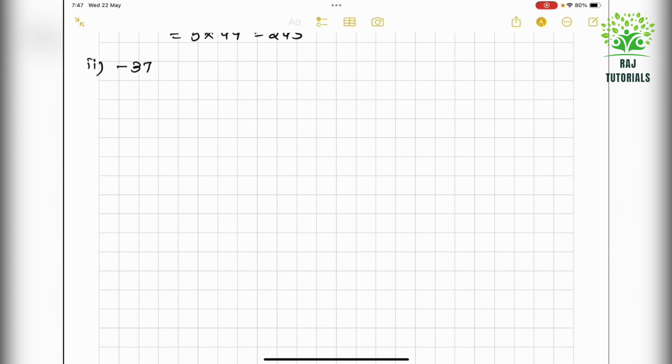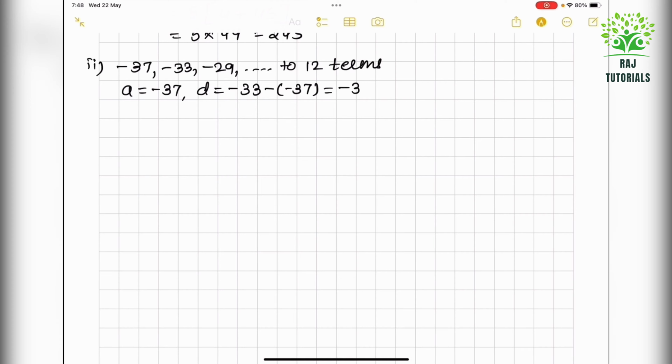Minus 37, minus 33, minus 29, and so on, to 12 terms. So, a equal to minus 37, d equal to minus 33 minus of minus 37, so that is minus 33 plus 37, so 4. And n is 12.